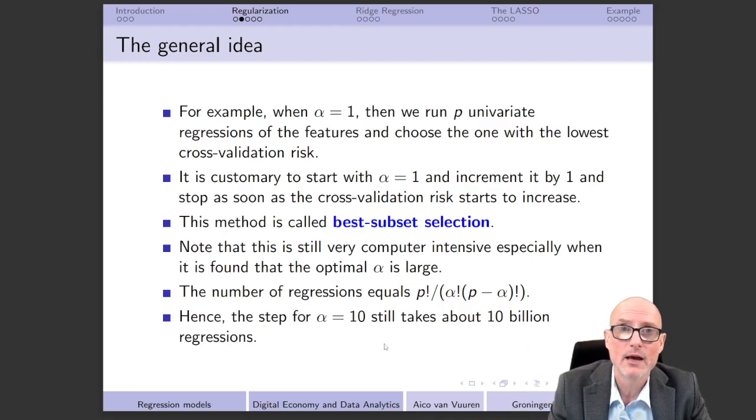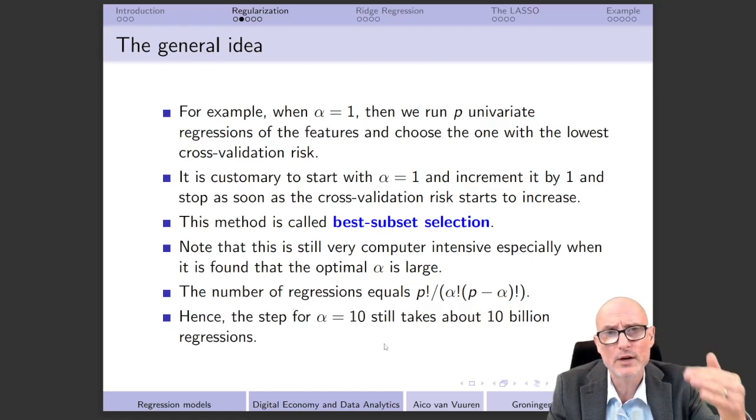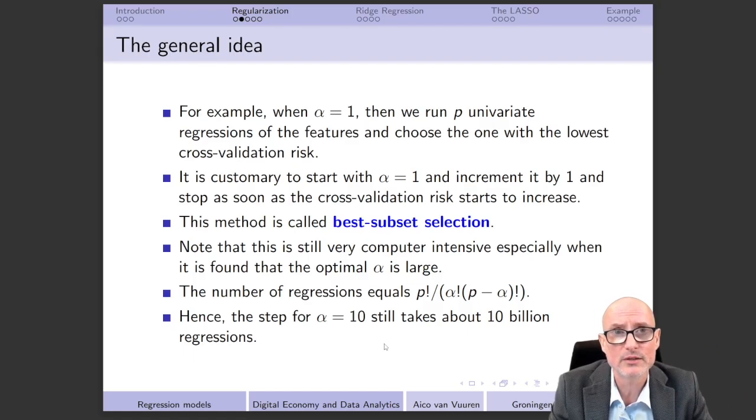We can also run a regression of yi on the constant and a third feature, etc. And then, after running all those different regressions, we can choose the regression that has the lowest cross-validation risk, or of course the lowest validation risk at the moment that we use a validation sample.